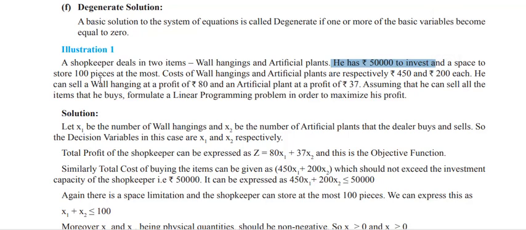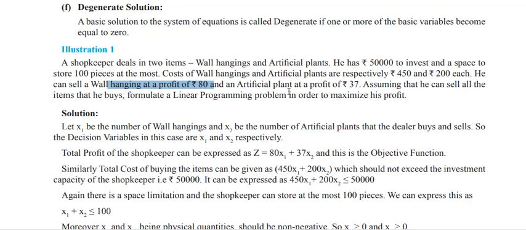And second is the shopkeeper can store only 100 pieces at a time. So this is the second constraint, and these are the decision variables you have in fact seen earlier in your definition. So 80 rupees is the profit by selling a wall hanging, and rupees 37 if the shopkeeper sells an artificial plant.